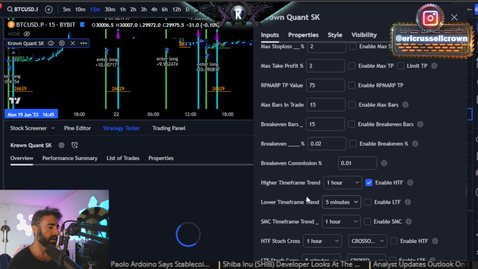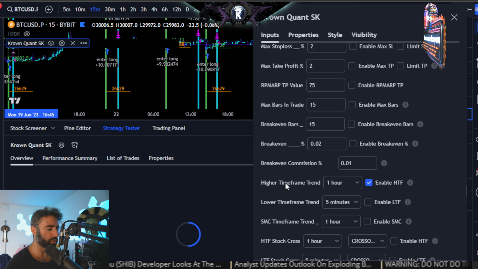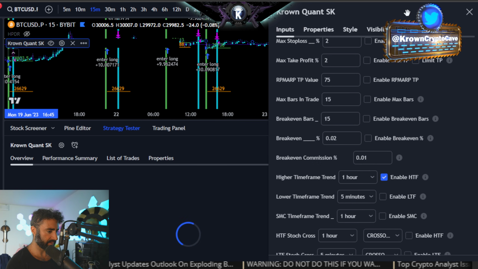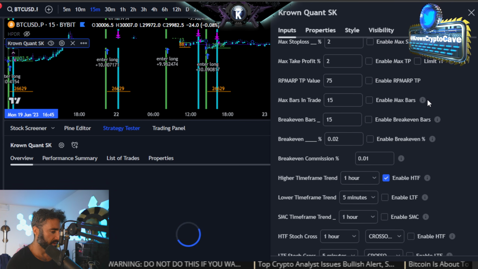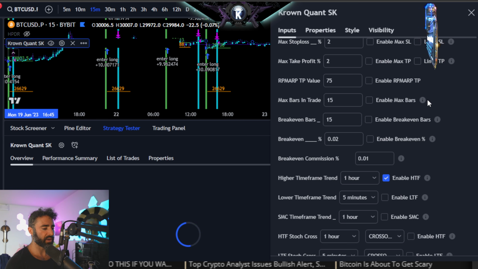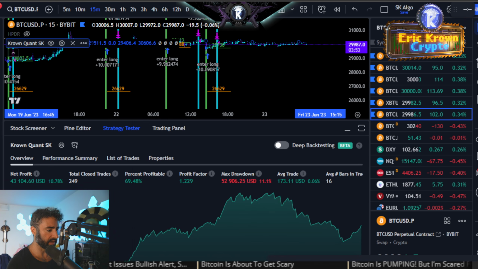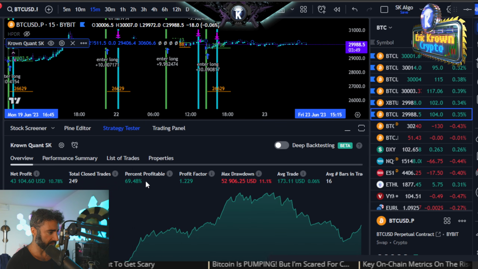And by the way, I'm just judging the trend by the 21 and 55 cross, as you can see right here. And let's see if that helps things. Let's see if that hurts things. Who knows? We won't know until we try, and we're just going to start off with an hourly one. And that certainly helped. Still lost a good amount right here, but overall everything did increase.